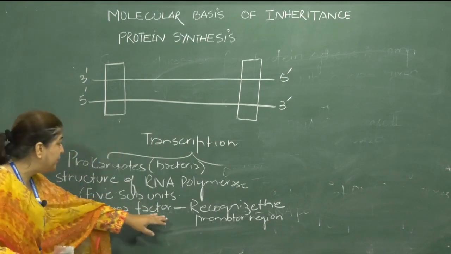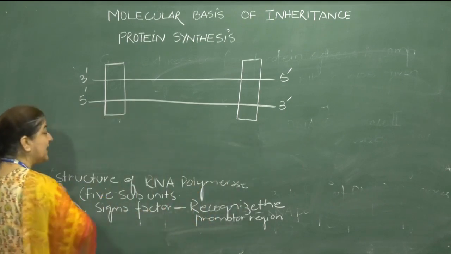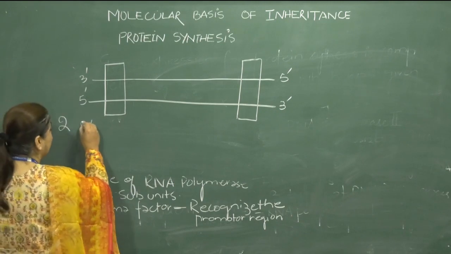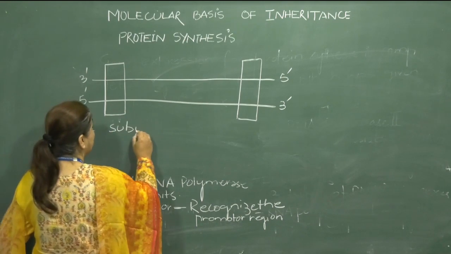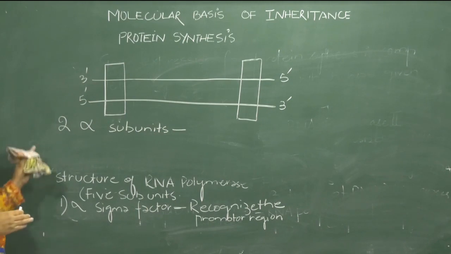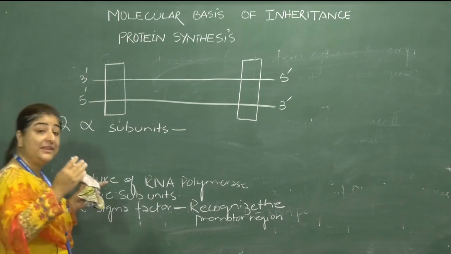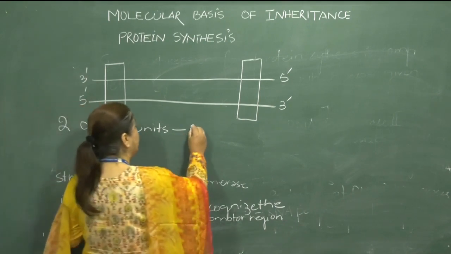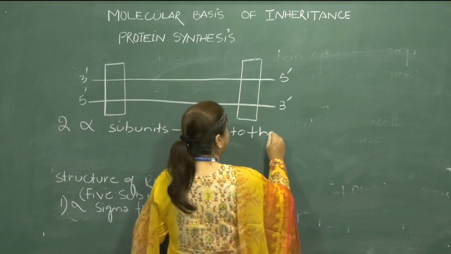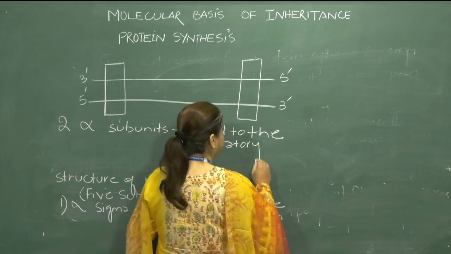This is the first subunit. The second subunit of the prokaryotes has 2 alpha subunits, and these 2 alpha subunits basically help in the initiation, or they bind to the regulatory proteins.